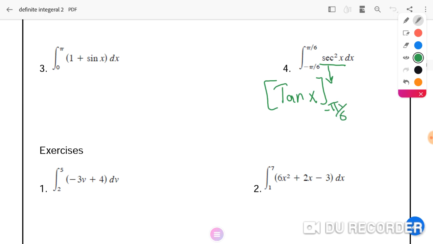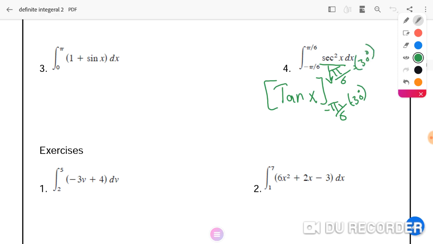I can write it in degree, which means 30 degree, -30 degree. Because pi in radian means 180 in degree, divide by 6, it will be 30. Anyway, here pi/6 means 30 in degree.